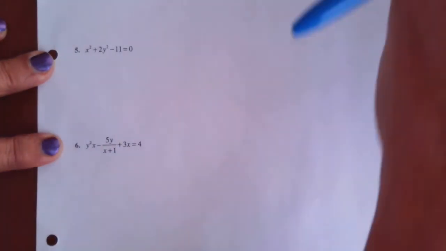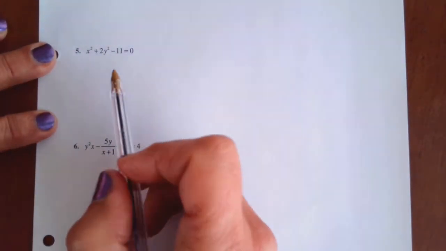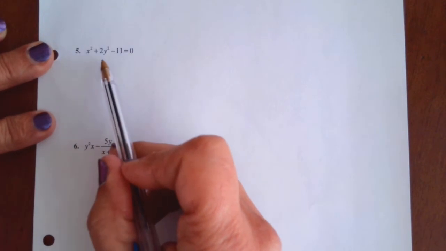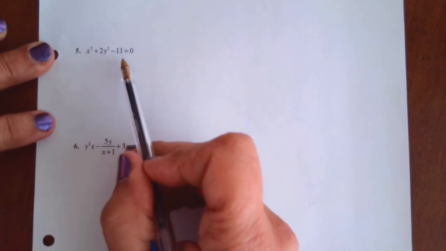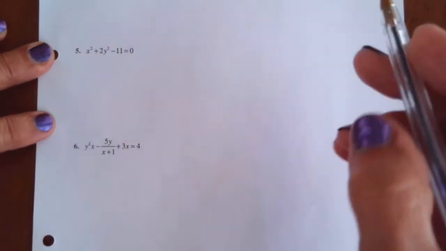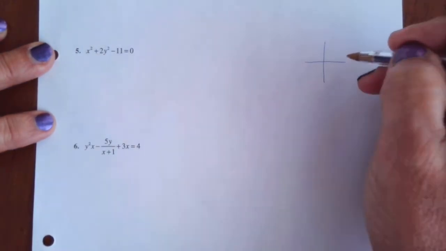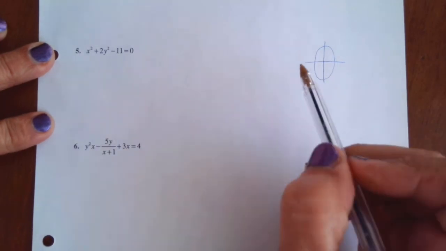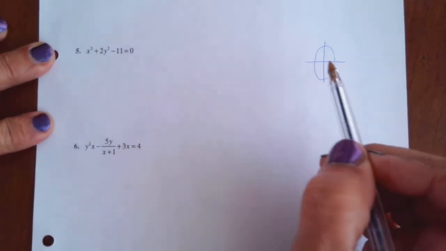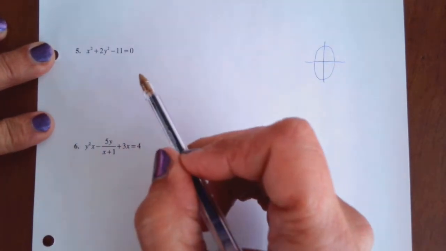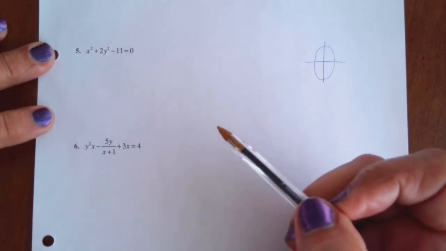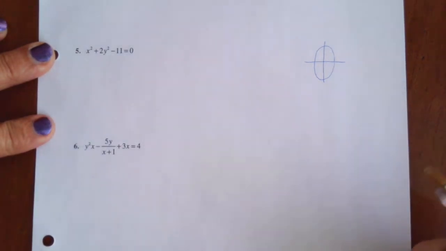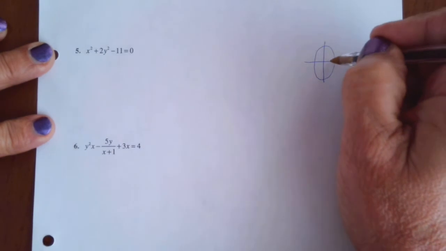Well, today, because it's not a function, if I look at this equation, x squared plus 2y squared minus 11 equals 0, that's an ellipse, okay? So if I look at the shape of it, it looks like that. Well, if that's the shape, that's not a function. So here's the problem. If I ask you to find the slope of the tangent line, let's say when x is 1, well, let's say here's 1.